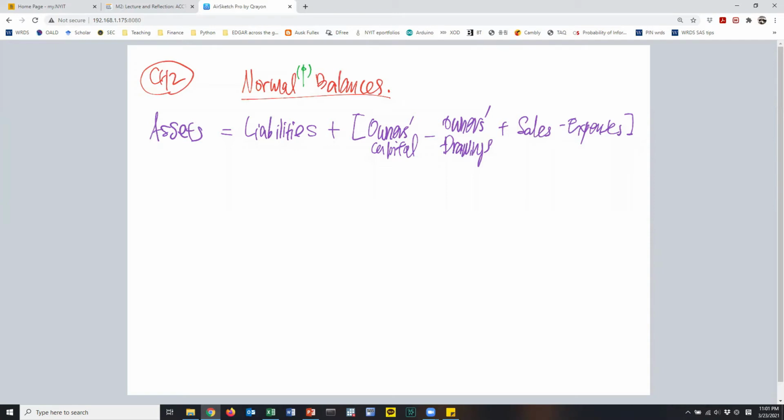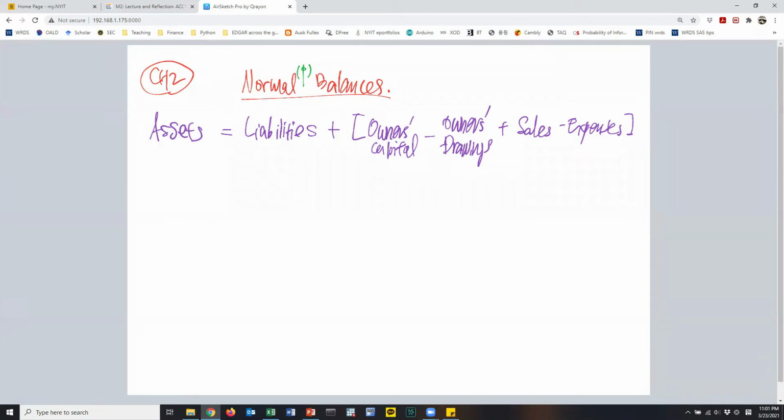Okay, no more concepts. Let's talk about it. First of all, I'd like to ask you where an account is located around an equal sign.